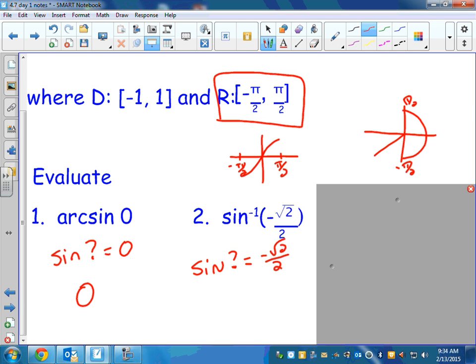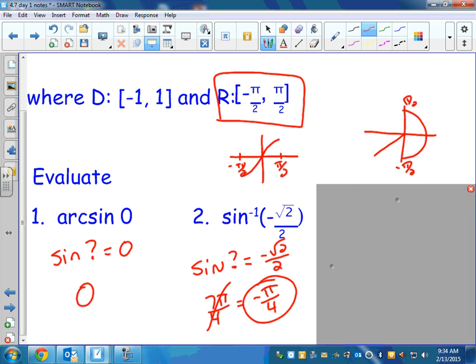Here or in between here? So people say 7 pi fourths, and then you get it wrong if you write that. But isn't this the same if you just subtract 2 pi from that, negative pi fourths? You could have said that like 5 minutes ago. It's like it's all like brain words.